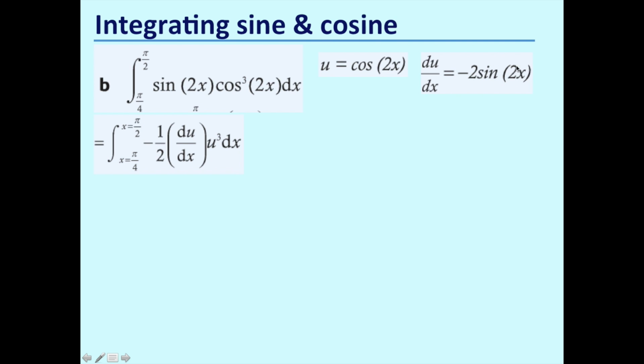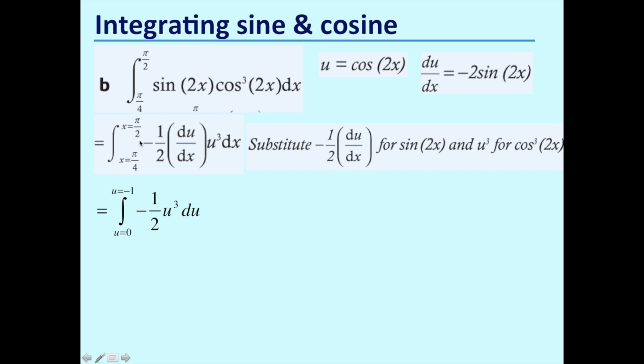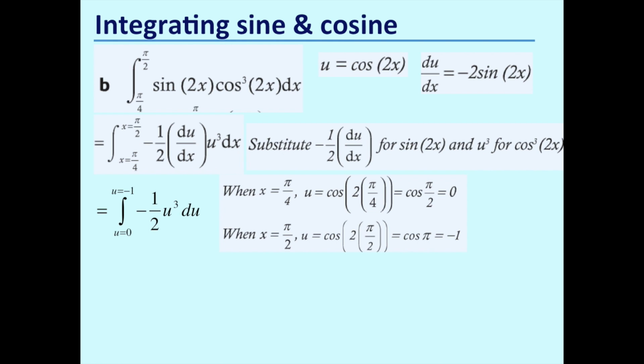So negative a half multiplied by this would give me this, so negative a half du by dx. And then I said u was going to be cos 2x. This is cos 2x all cubed, so this is u cubed. I can then cancel out the x's, take out the negative half as a constant, and then I can substitute in.